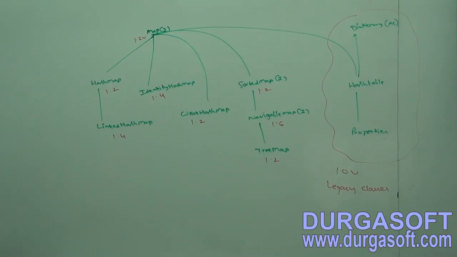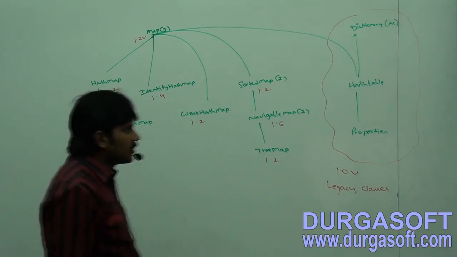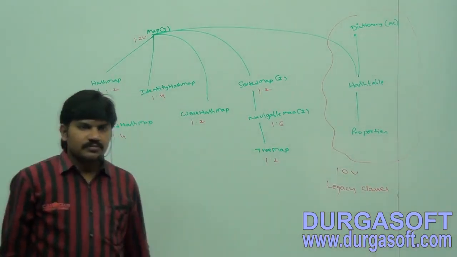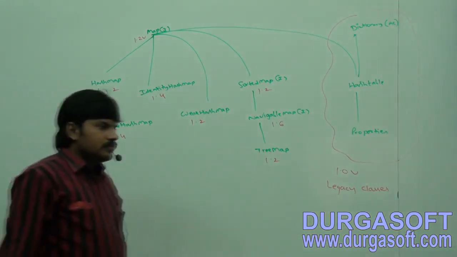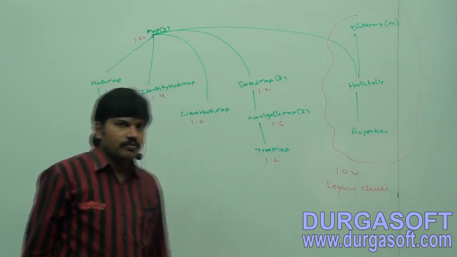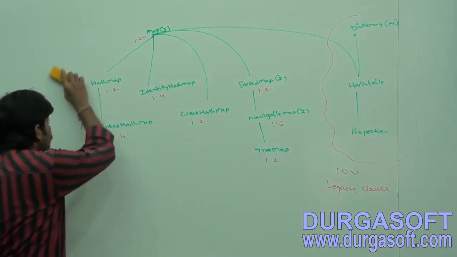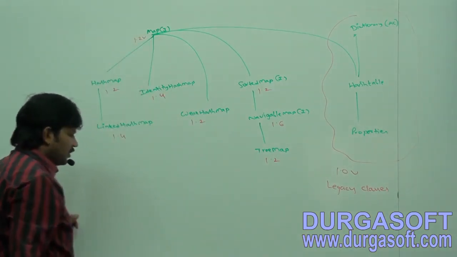Next, Dictionary, Hashtable. Next, Properties. So this module we require to talk about. Completed, right?